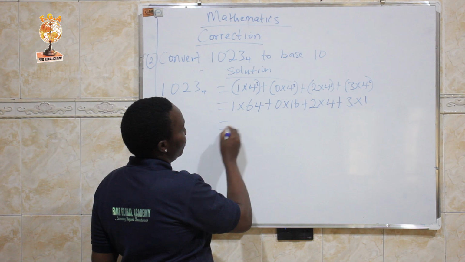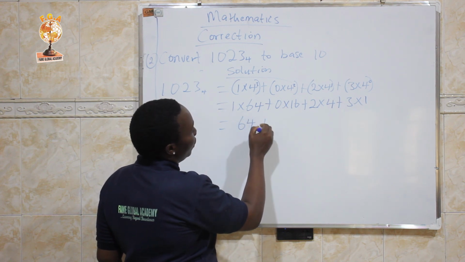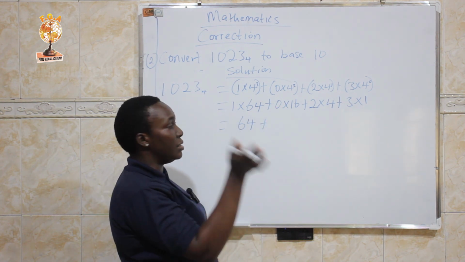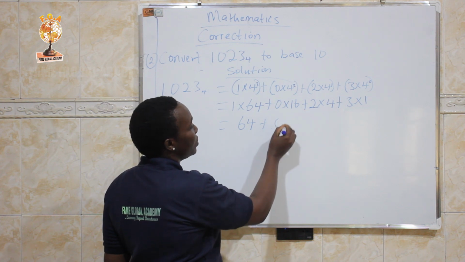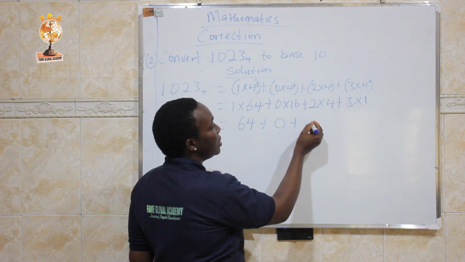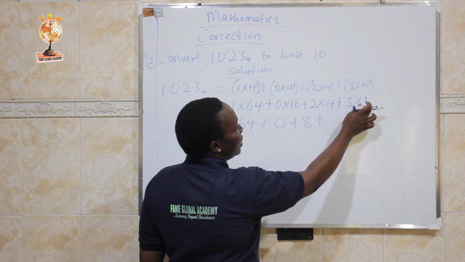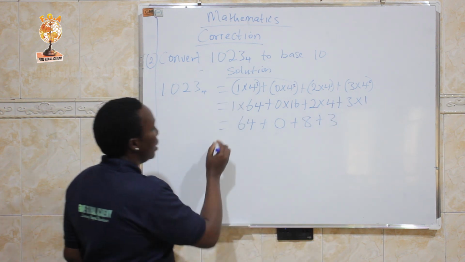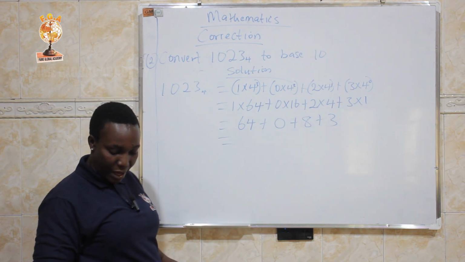1 times 64 will give us 64, plus 0 times 16 is 0. Anything multiplied by 0 will give you 0. Plus 2 times 4 is 8, plus 3 times 1 is 3. Let's add everything together.